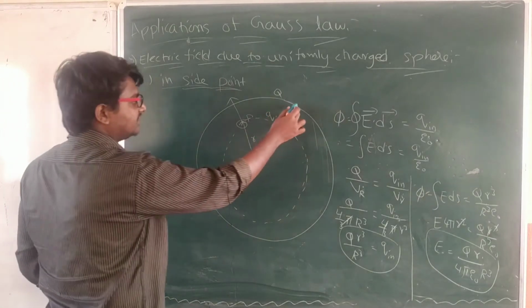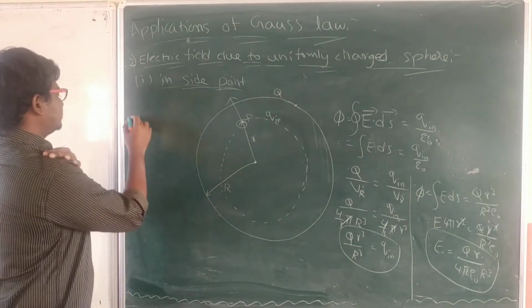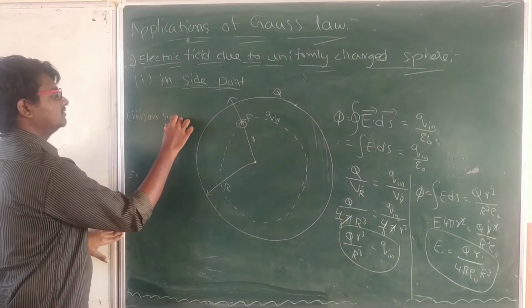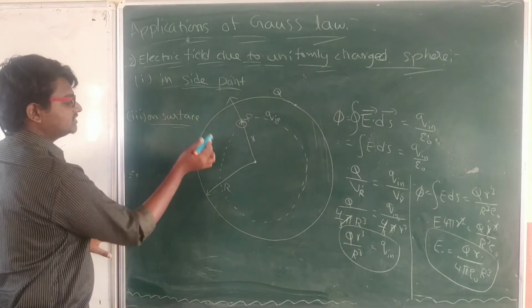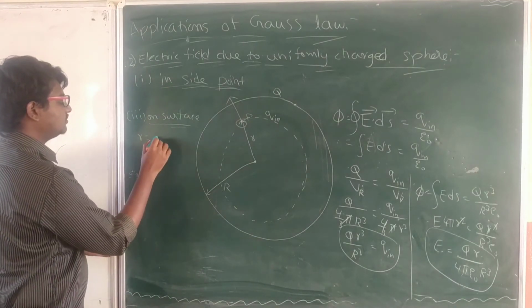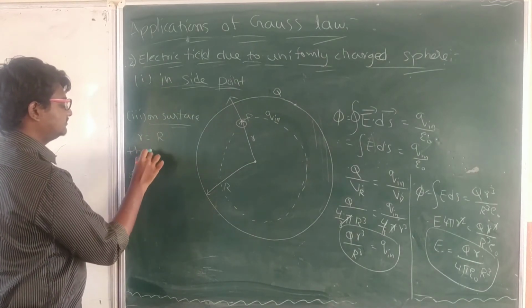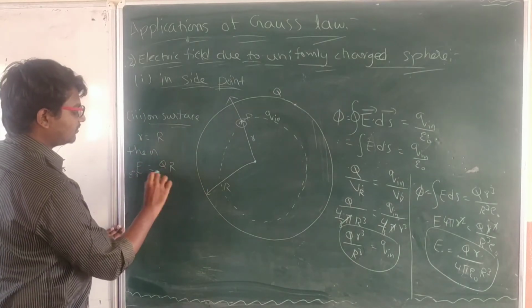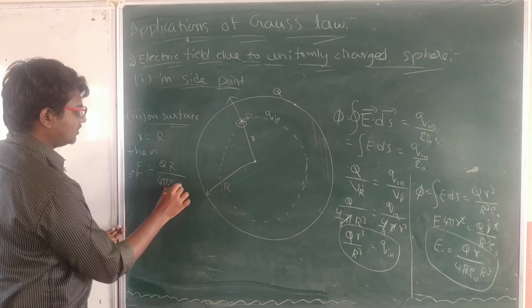Next case, on the surface. On the surface, small r is equal to capital R. Then E is equal to Q R by 4 pi epsilon naught R cube.